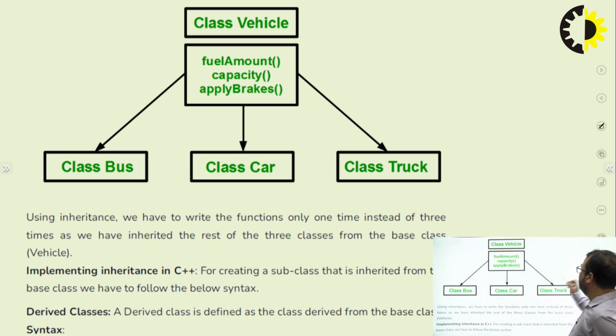These subclasses will have all the features of the Vehicle class, but the Bus class has some exclusive features which the Car class or Truck class doesn't have. Using inheritance, we write the functions only one time instead of 3 times, as we have inherited the 3 classes from the base class.